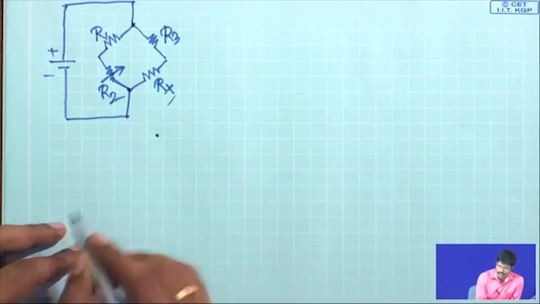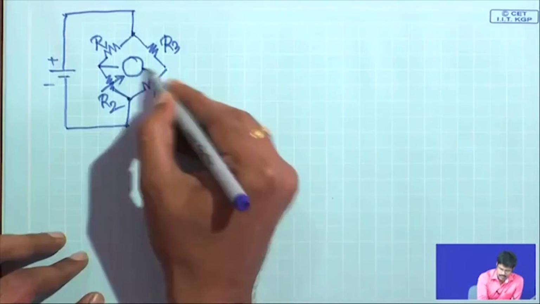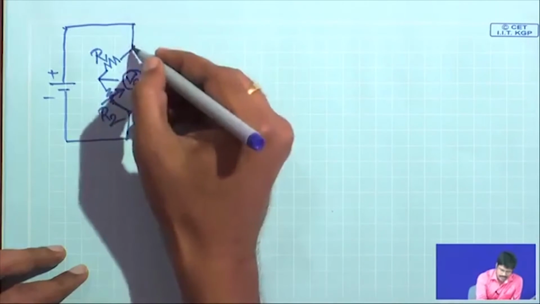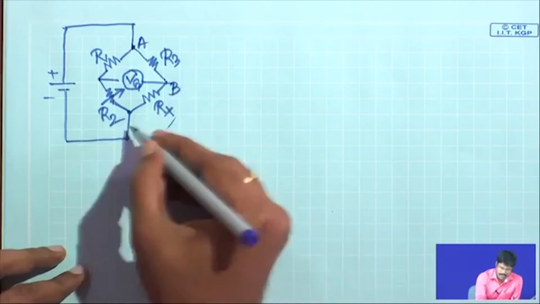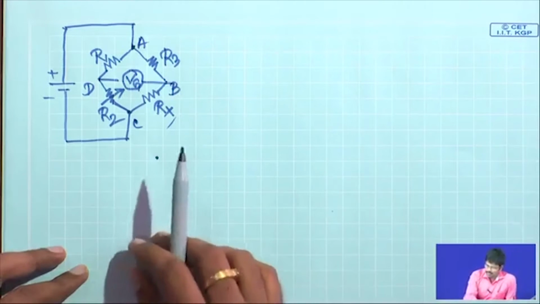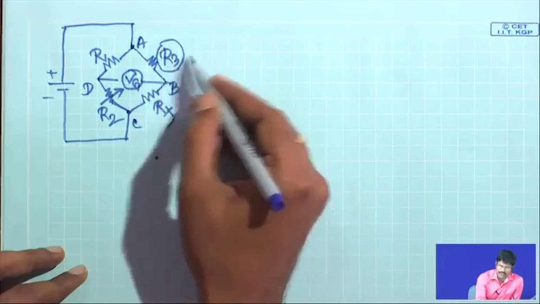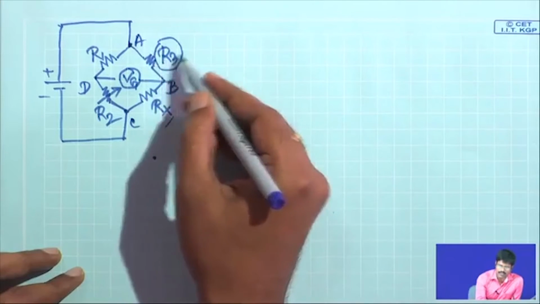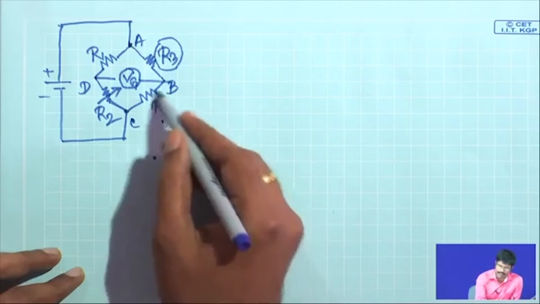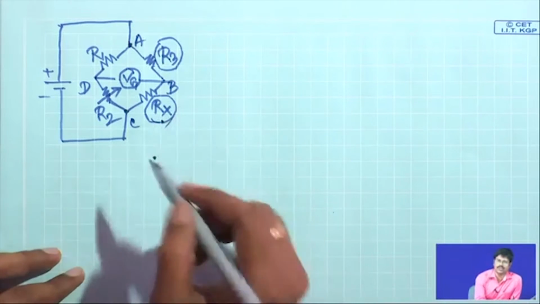to a source, and here you are putting a galvanometer Vg. So, these are points A, B, C and D. Now, here you are putting your reference thermistor bead, that means the bead on which the solvent drop is there, and on this side you are putting your sample thermistor bead, that means the thermistor bead on which you have put the solution.